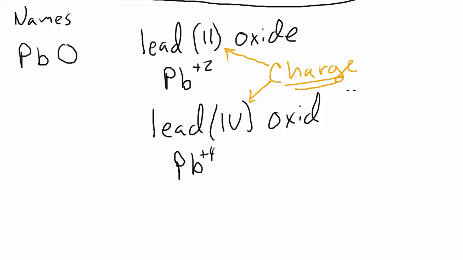And usually the most common mistake that students will make is they'll want that to be how many of the ions there are in the compound. Like they'll want there to be 2 lead ions in the compound when they see lead(II). But that 2 is not telling you how many there are, it's telling you the charge of the lead ions in the compound. So that's how it works with the names. The names use Roman numerals to indicate the charge of the metal that's in the compound.